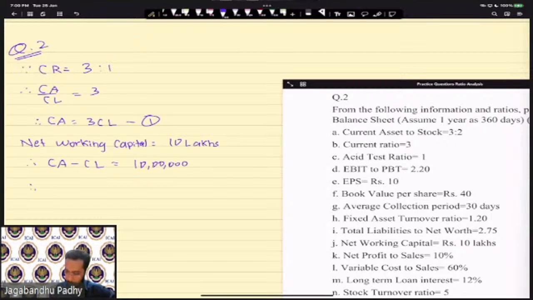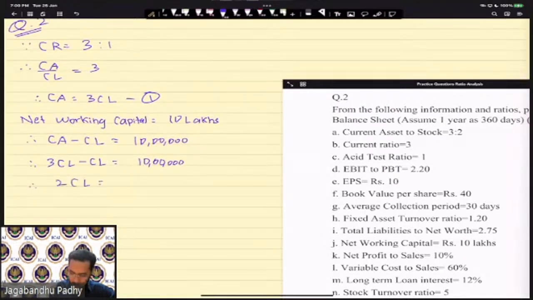We know the relation of current asset to current liability, so in place of current asset, we can place 3 times current liability, minus current liability, is 10 lakh.